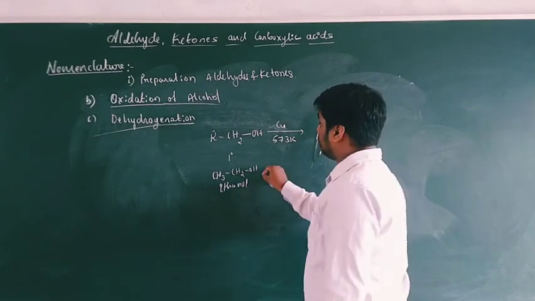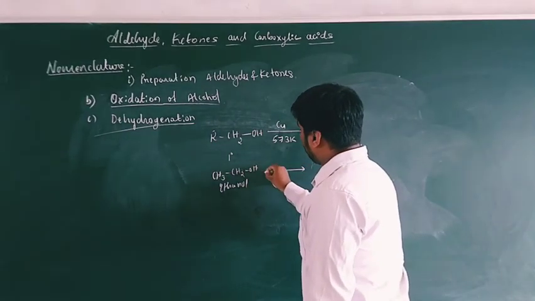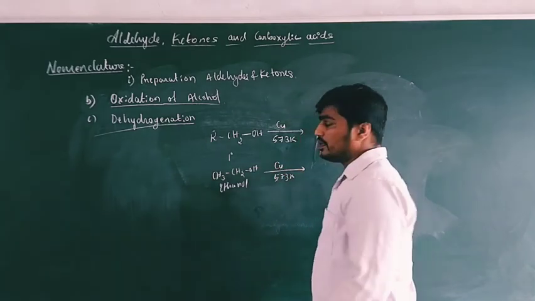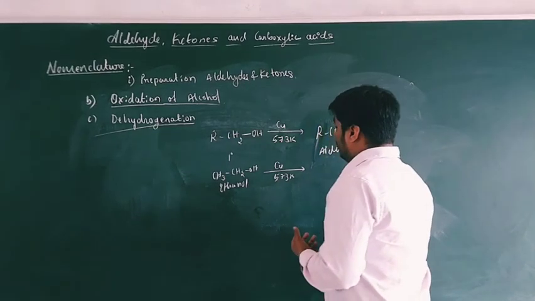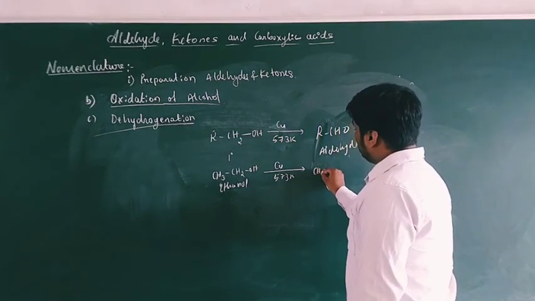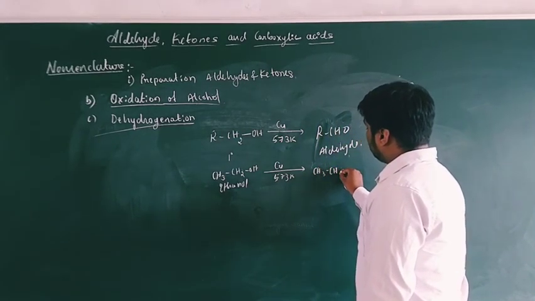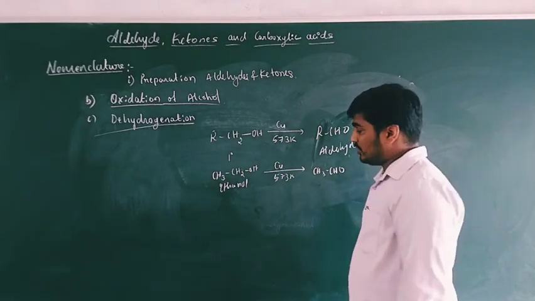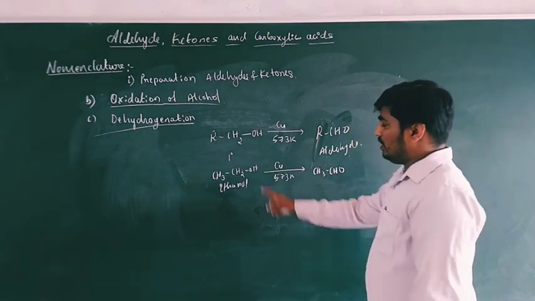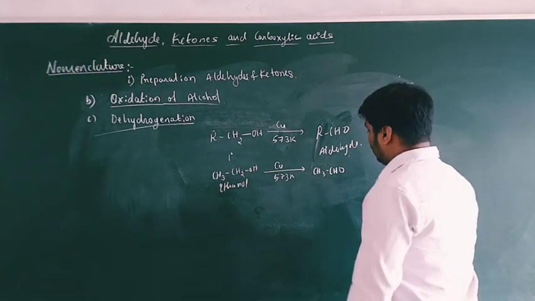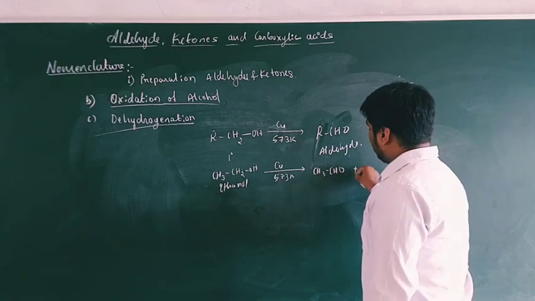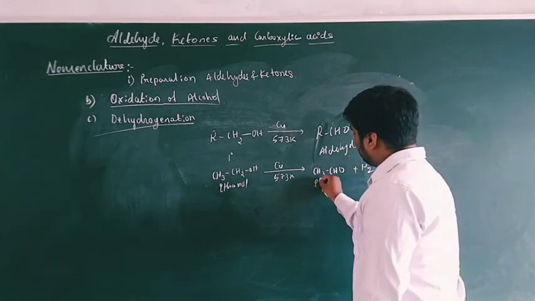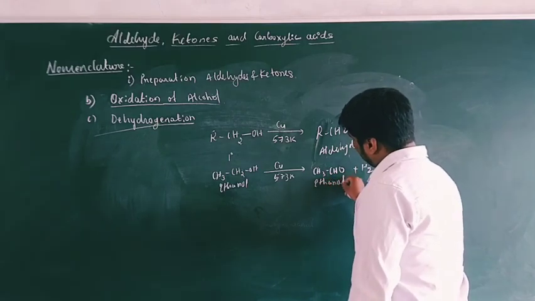It is an alcohol. When ethanol is heated at around 573 Kelvin in the presence of copper, then it produces CH3CHO. Dehydrogenation takes place. Okay, hydrogen is removed, hydrogen gas is eliminated. This is nothing but ethanal.